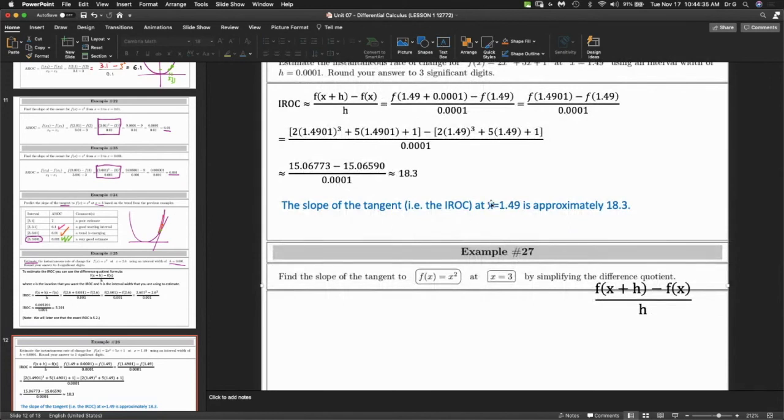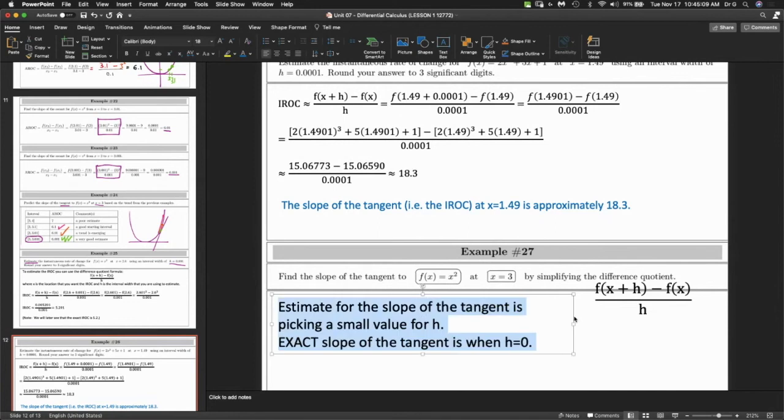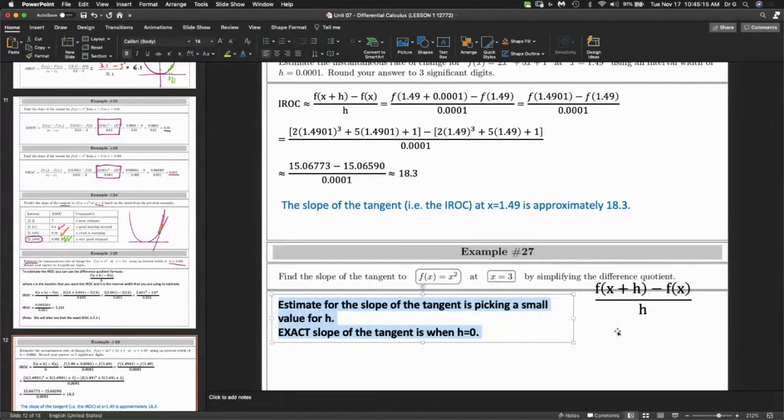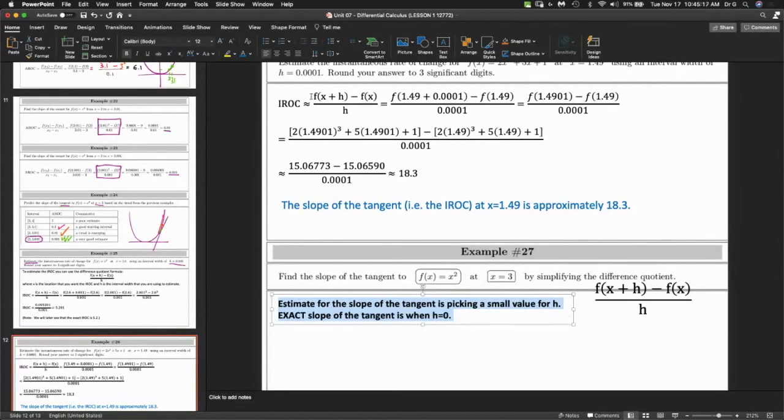So this thing here becomes interesting because an estimate for the slope of the tangent, this is a very, very important statement. Can't emphasize this one enough.